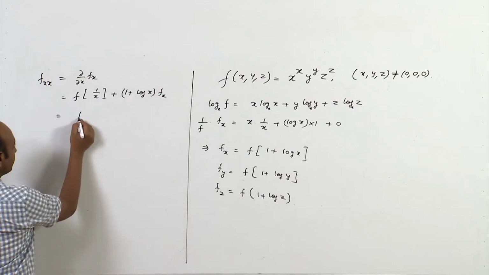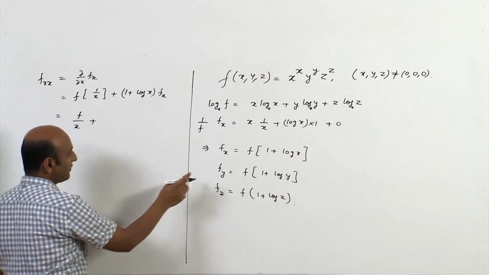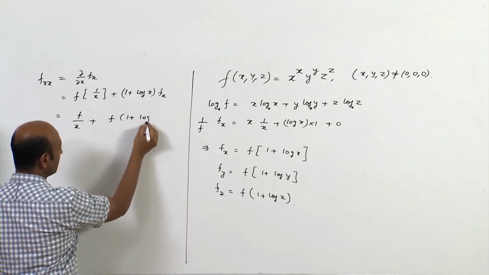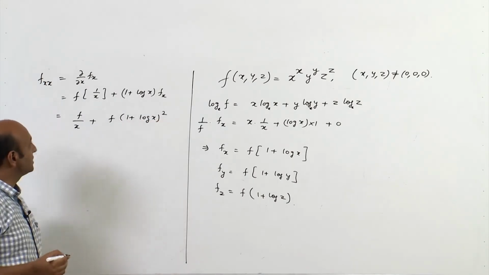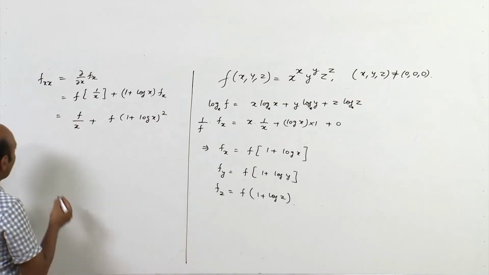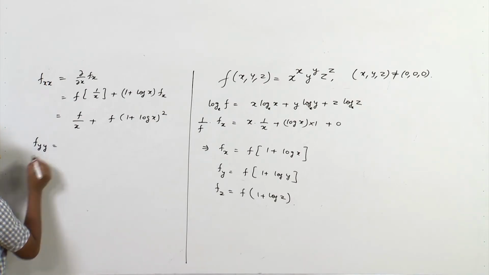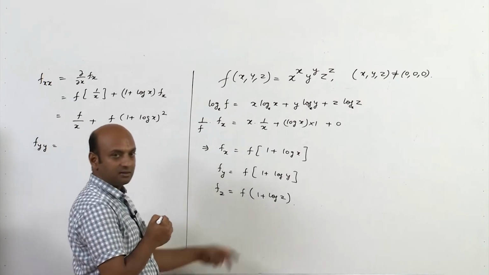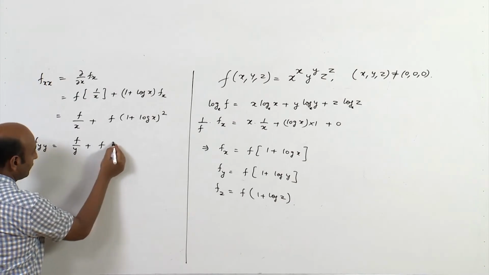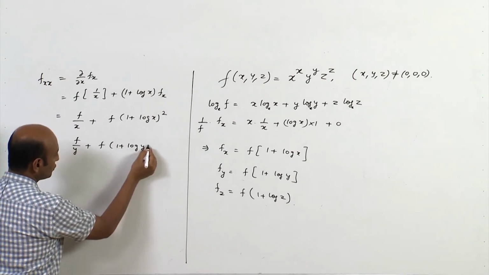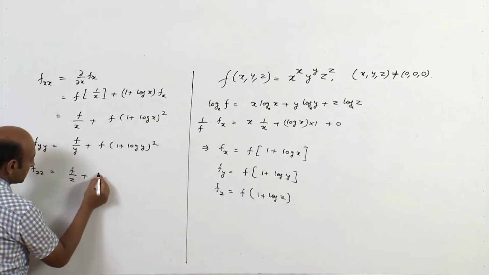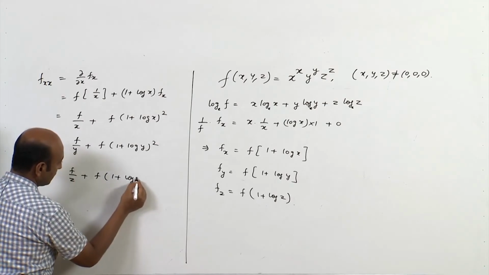And what is fx? Fx is this. So, it is f/x plus f into (1 plus log x) whole square. So, this is fxx. Now, similarly, fyy will be, because it is symmetrical in x, y and z, we can simply write fyy as f/y plus f (1 plus log y) whole square, and fzz as f/z plus f (1 plus log z) whole square.